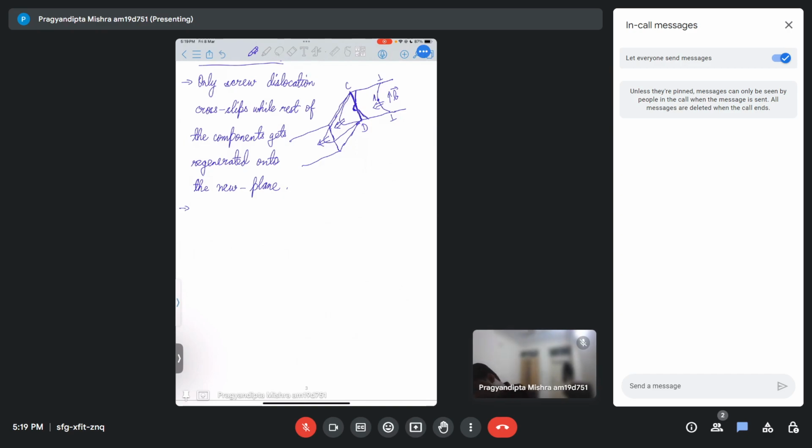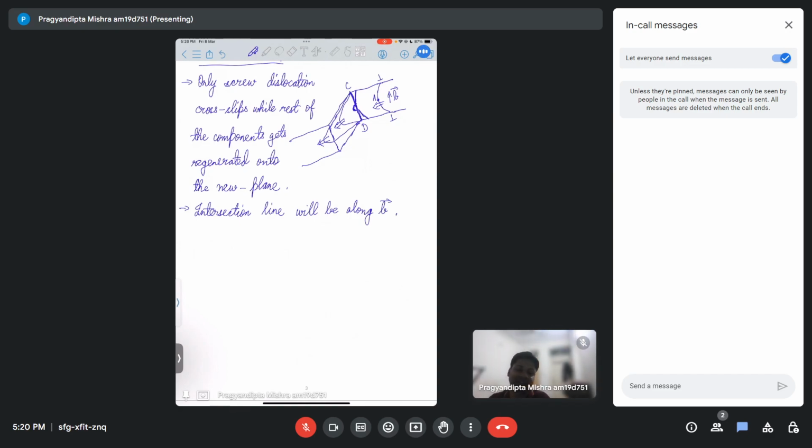Okay, so here the intersection line is CD, and it will be along the Burgers vector. You can see here in the figure, CD is parallel to the Burgers vector. So then only this will happen.